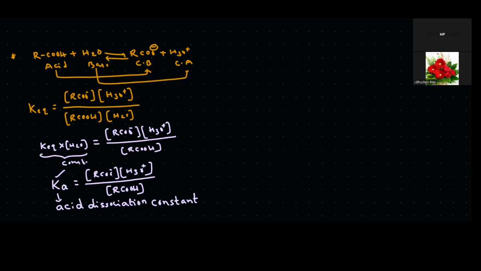If the Ka value is very high, the acidic strength is very high. If this value increases, the product formation is more.